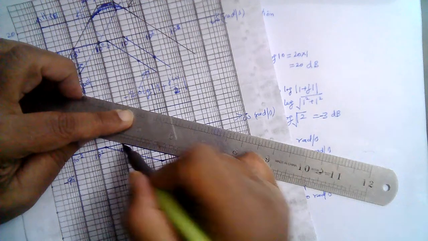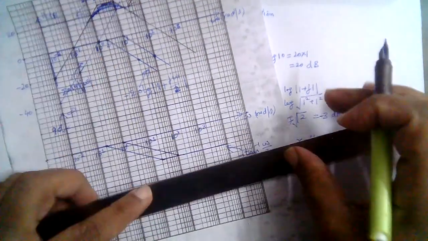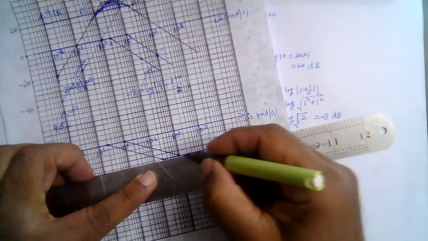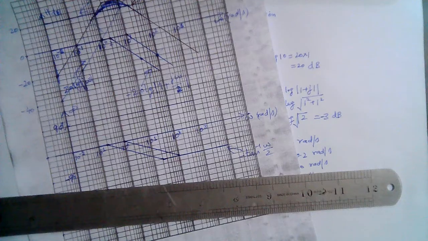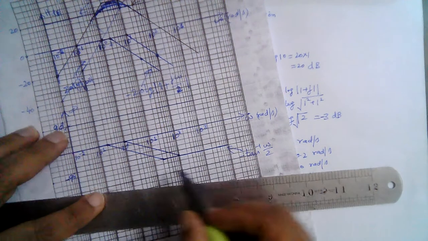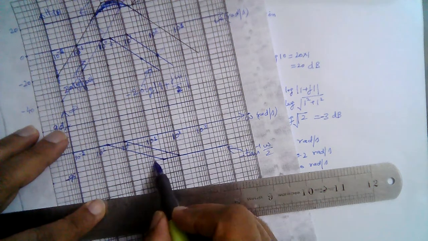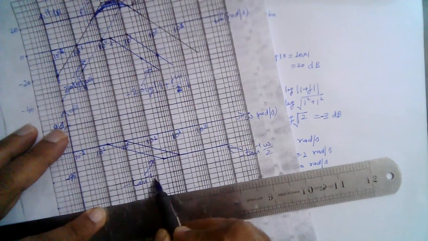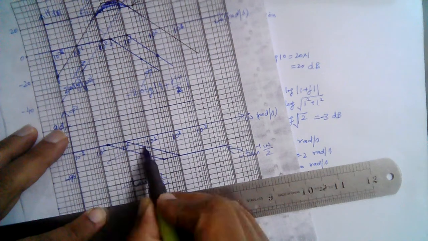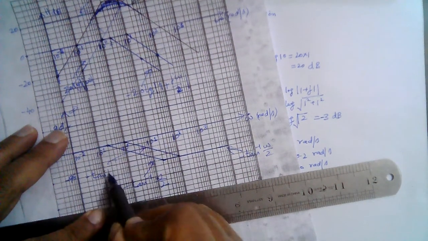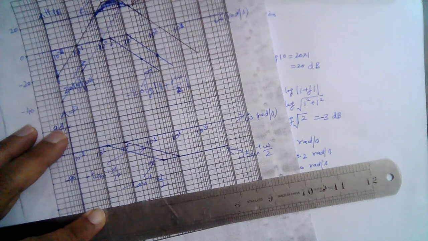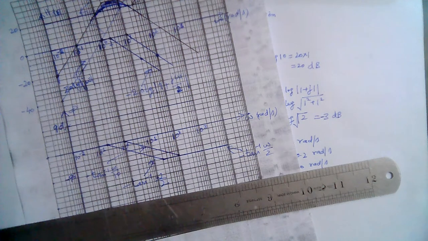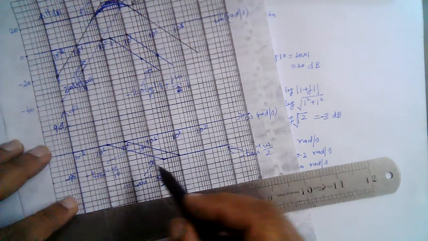This gives us minus 45 degrees per decade, and then again it is constant at minus 90 degrees, right? So this was actually minus tan inverse omega over 2, and this line is minus tan inverse omega over 10. So now we can combine all these plots together to find the composite plot.